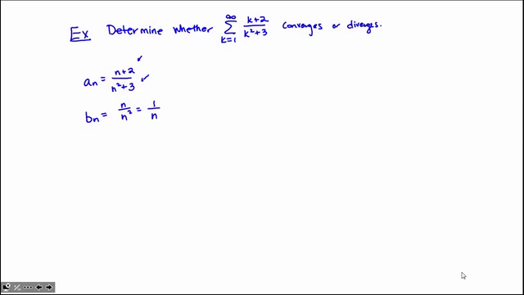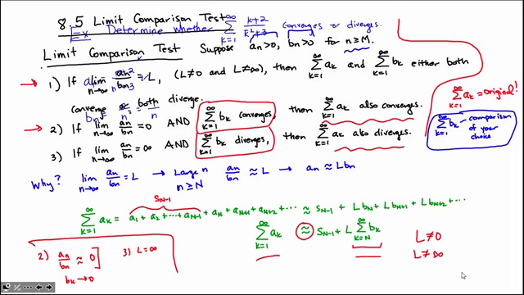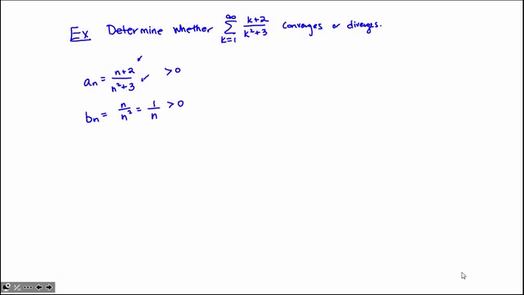Now, back one more time. I do have to note that my terms are positive for the test to work, at least from some point on. So mostly you just have to state that, let me know you've thought about it. Now we have to consider the limit a_n over b_n. So I've substituted my a_n and my b_n terms.